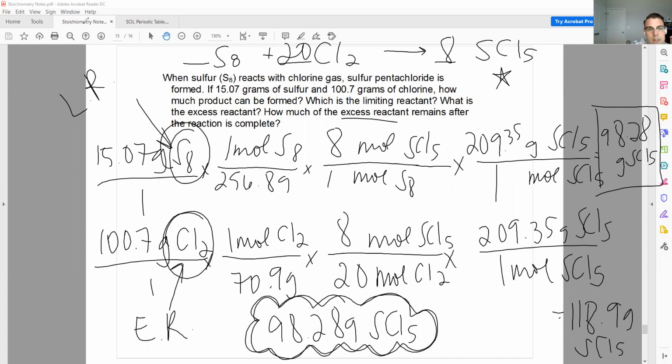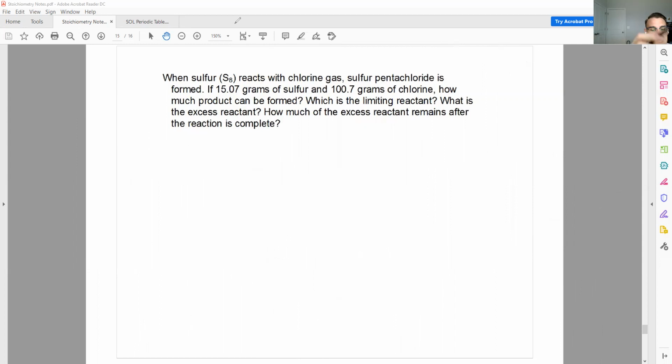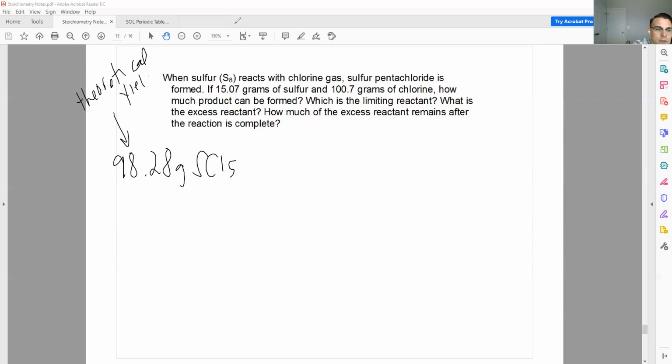I'm going to clear this, and we're going to start with our 98.28 grams of SCl5. This is what we call our theoretical yield. So you take your theoretical yield, so that is what you should in theory make based on your calculation. And based off my calculations, I'm going to make 98.28 grams. So we're going to start with our theoretical yield, and we're going to work backwards to the excess reagent.